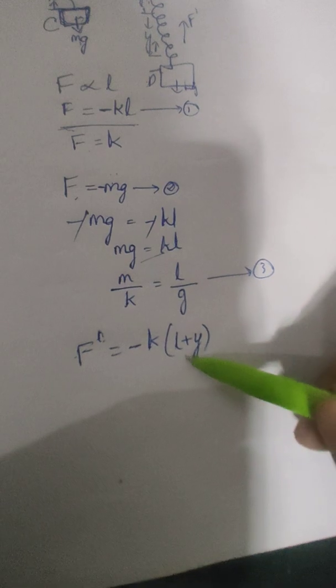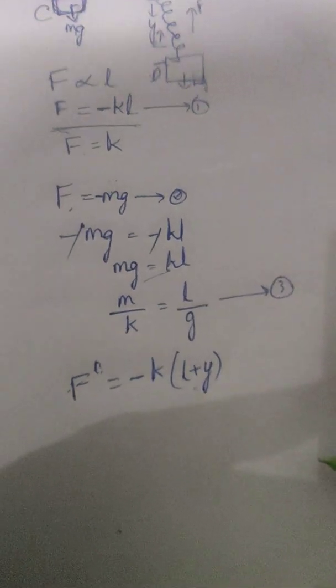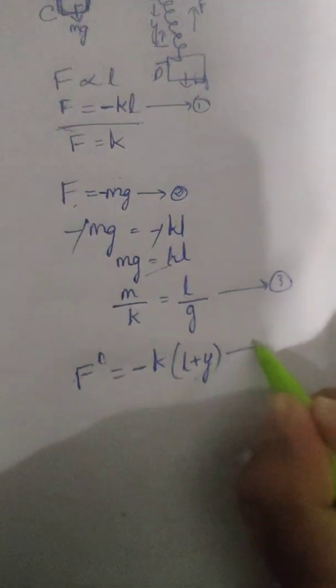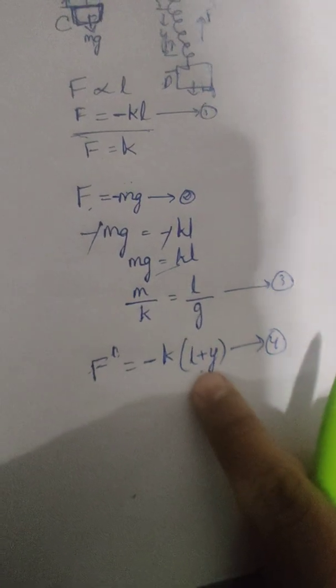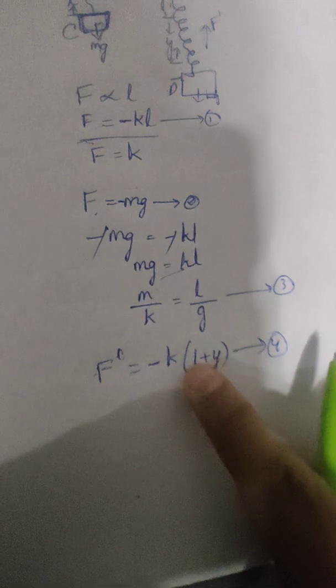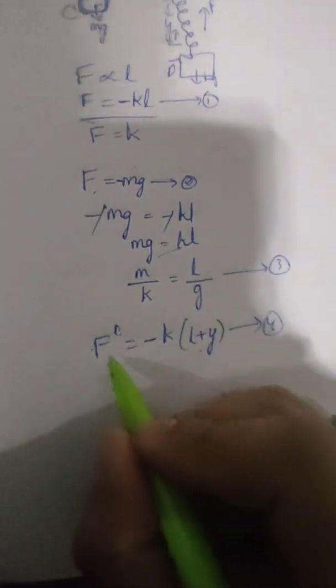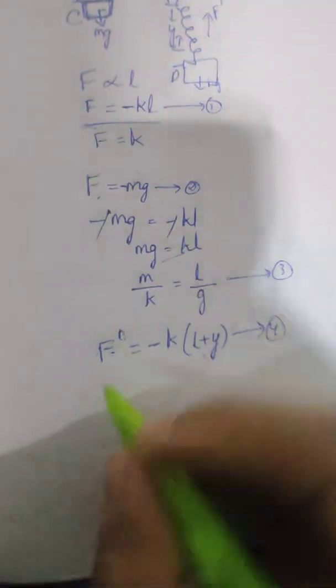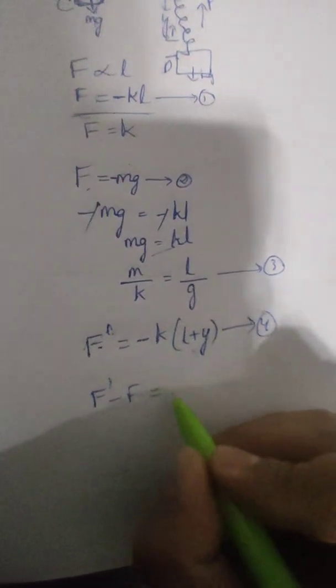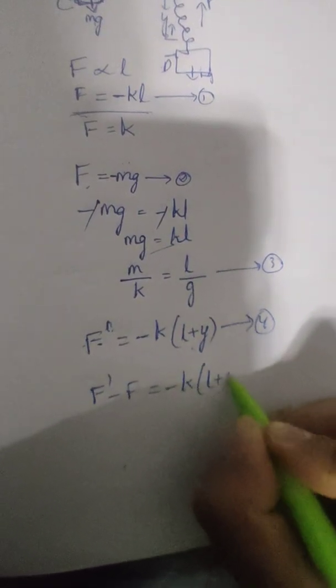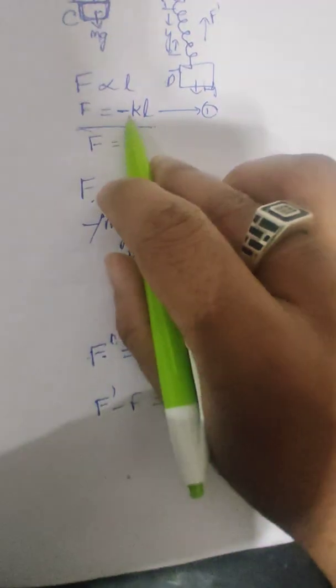So for the third case, it will be L plus Y. Now let's give this equation for, if we subtract equation 4 and equation 1, what will we have? F dash minus F will be equal to minus K into L plus Y minus KL, right?